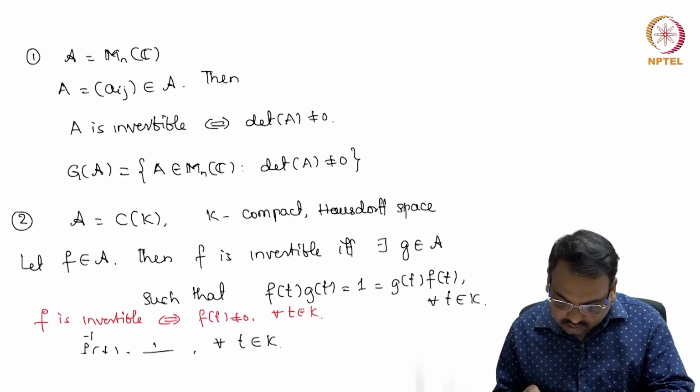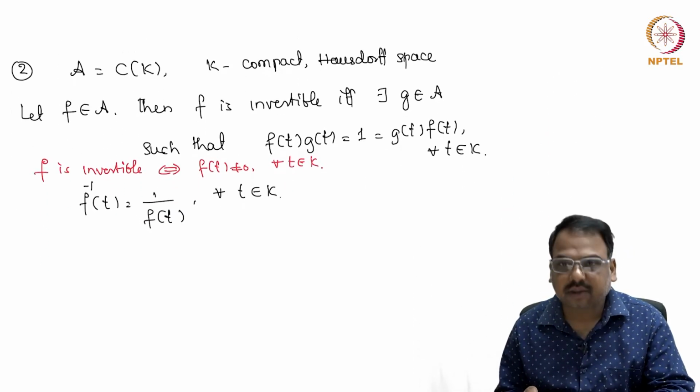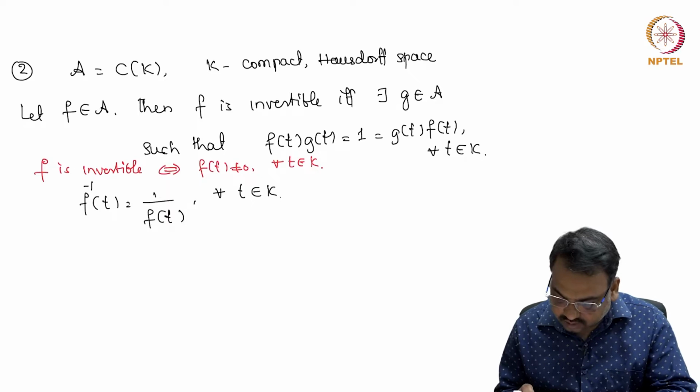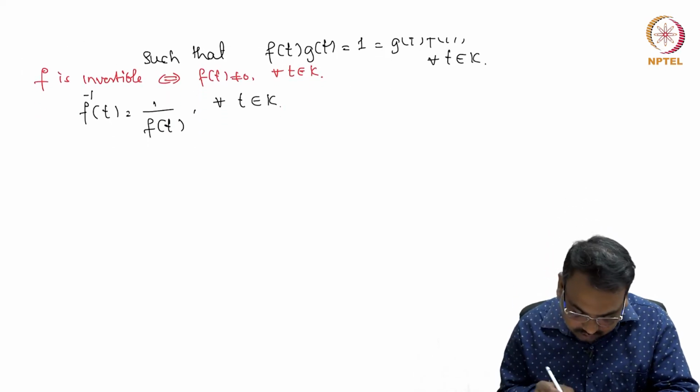Now the invertibility also depends on the algebra that we are looking at, so we will be discussing that point at a later stage. Now based on this invertibility, we can discuss the spectrum of an element.